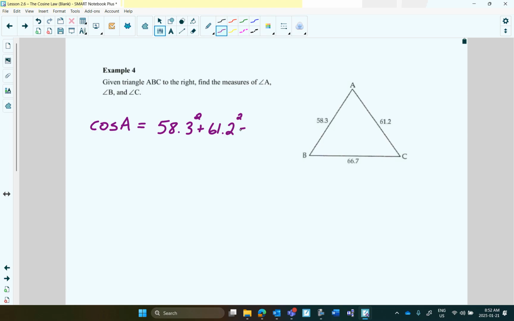Then we subtract the side opposite A squared, and divide that by 2 times the other 2 sides multiplied together. And then it's just straight up, punch it all into your calculator and do cos inverse.